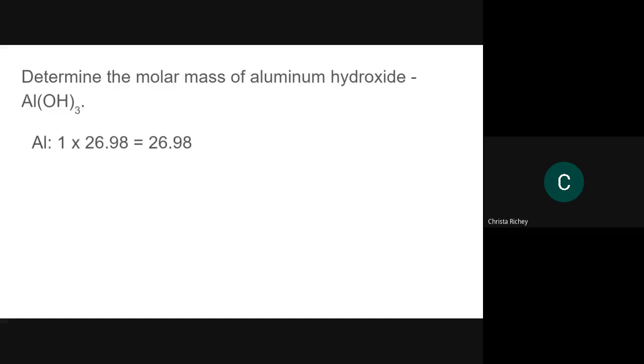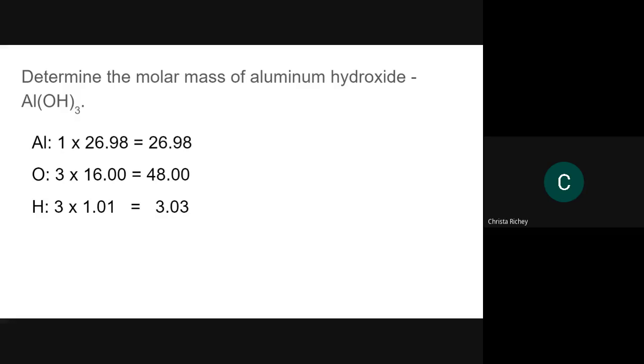And when you look it up on the periodic table, and we round to 2 numbers after the decimal, it's 26.98. And so no subscript means that there's 1. How many oxygens do you have? 3. You should know by now that oxygen is 16.00. We use it all the time. And then you've got 3 hydrogens, each one is 1.01.